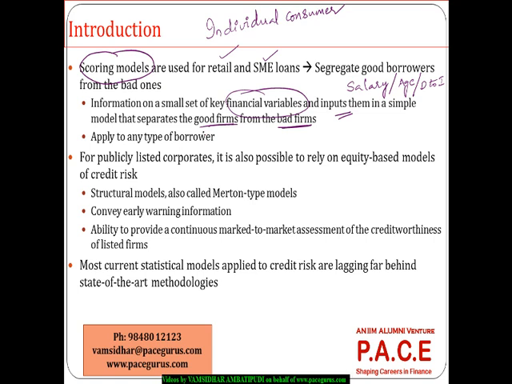And I can apply this to almost any kind of borrower. Though I use it very heavily for retail loans and SME loans, I can use this kind of model for almost any kind of borrower. But much better than that, for publicly listed companies, there is another class of credit risk models which are called equity based models.